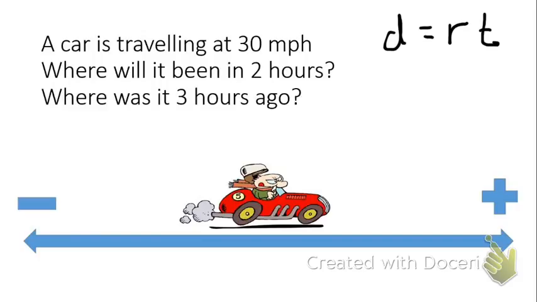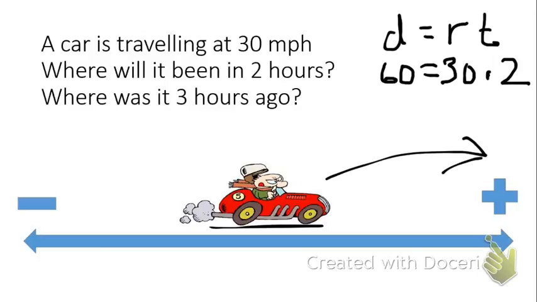We do know that the rate was 30 miles per hour, and we want to know where it is going to be in 2 hours. Okay, so the rate 30 times 2, he's going to be 60 miles in this direction.